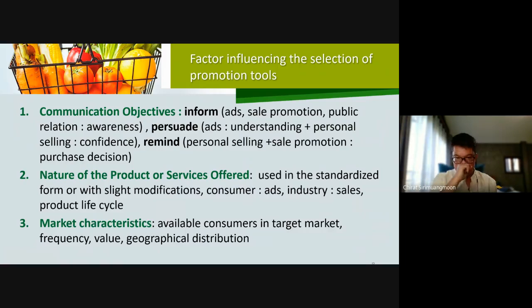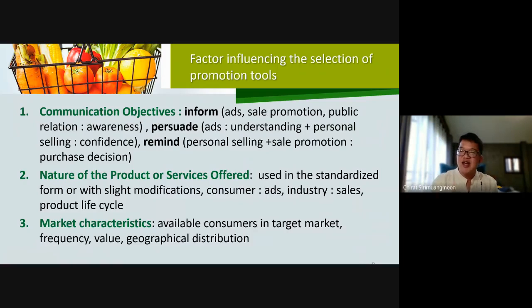Second, if you want to persuade, if you want to convince them to change their mind or make current consumers feel happy and sure about the things they are using, you should use advertising to send a message that helps them understand better.